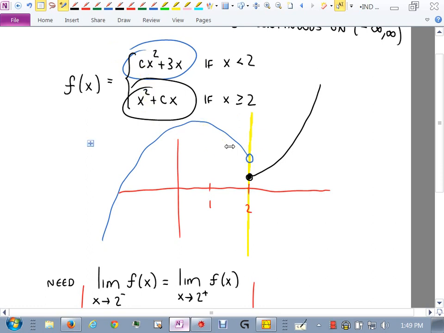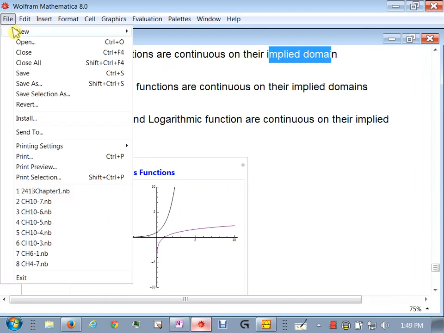I got lucky here when I drew it that it actually is opening down. But it could have opened up. What I didn't know is if they came together or not. I had to find the c that brought them together. Does that make sense? I'll show you something cooler than that instead of using the graphing program.